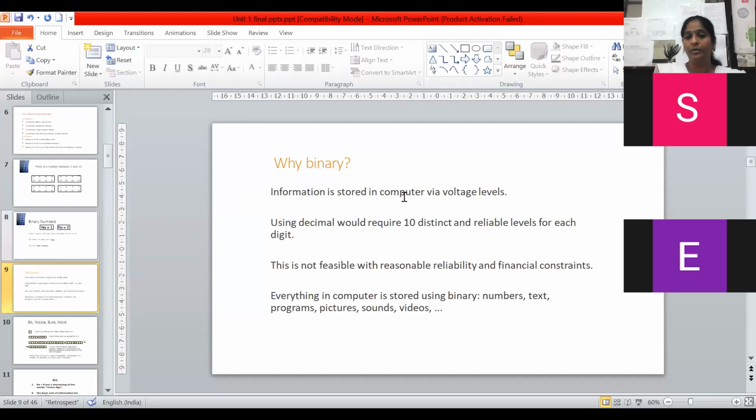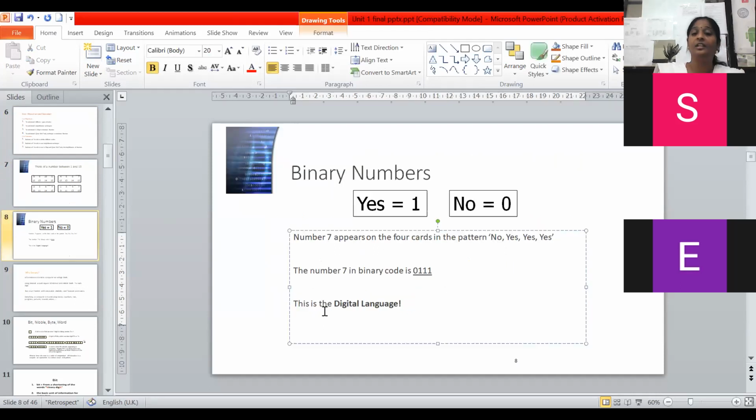If I consider digital, that is nothing but a digital language. In digital, what do we have to remember? We are supposed to remember only 0 or 1. As I have been telling you since the first lecture, our language for digital is the language of 0 and 1. That is called the digital language.